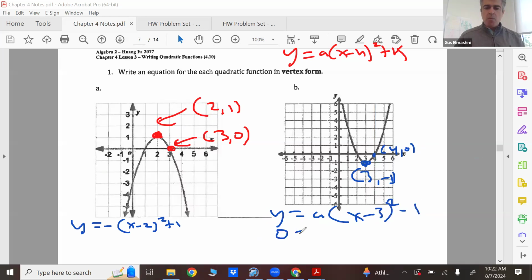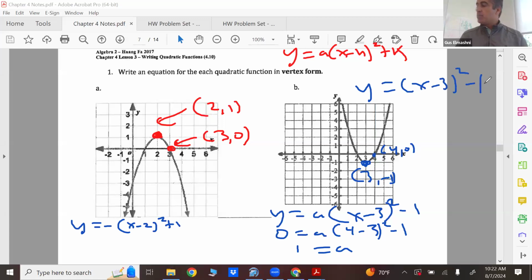Plug in 0 for y and 4 for x. You should get a equals 1 if you solve it correctly. So it's y equals (x minus 3) squared minus 1. That's all. That should be pretty easy.